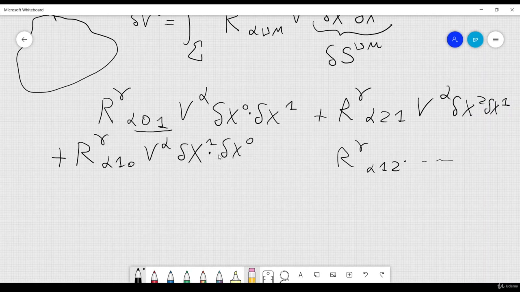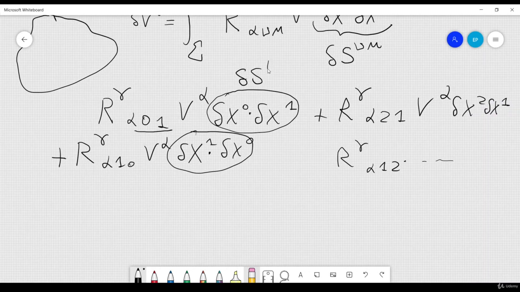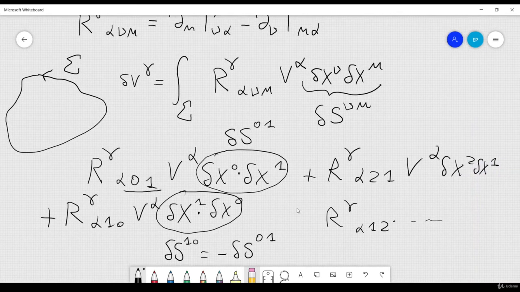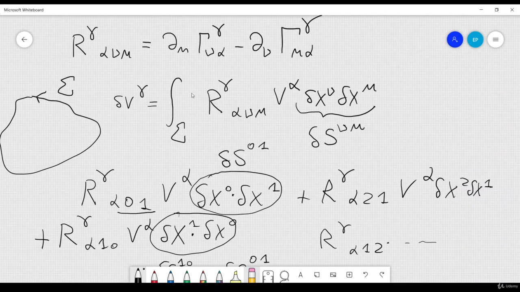So if, for example, instead of writing this product like this and like this, you rewrite the element of the surface dS^νμ, and in this case it is 01, and you reinterpret it in such a way that δs^10, which is exactly this, is equal to minus δs^01. Then if you sum over nu and mu in this formula, a factor 1/2 would appear, because you are going to get twice the result.